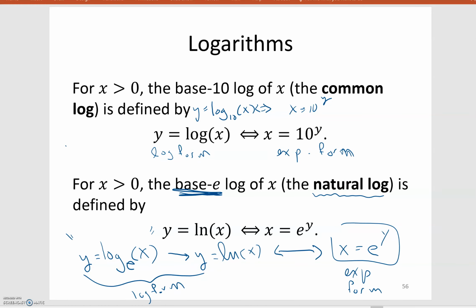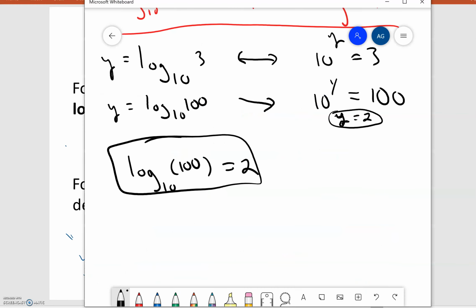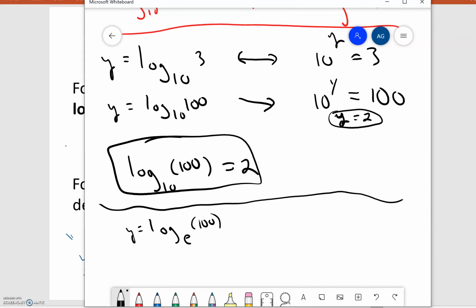Now, as I was doing with the other one, I could put down some values here, although e is a little bit harder to work with. Before I had y equals log base 10 of 100. If I do log base e of 100, but we should get used to writing this in the proper way.